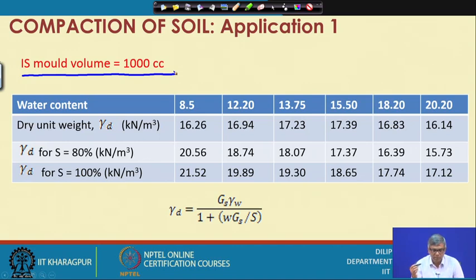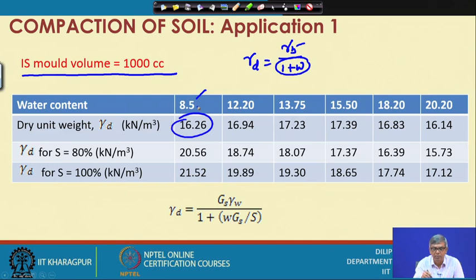Generally gamma D will be equal to gamma bulk divided by 1 plus W. This is one thing you can use, and using this table, for 8.5% water content, you can find out gamma D. First you find the bulk unit weight from the original weight by volume, then bulk divided by 1 plus 0.085, and then you will get this.